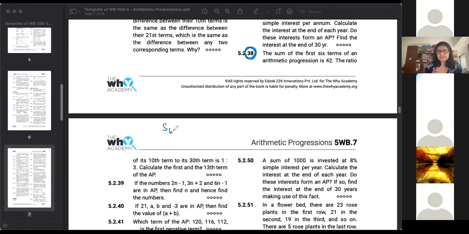So S6 is 42, then A10 is to A30 is 1:3. So these are your given things. Again, the same story, right? Form equations, solve the equations, find A, find D, and find the required thing.